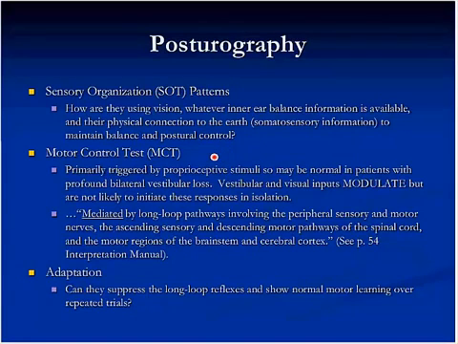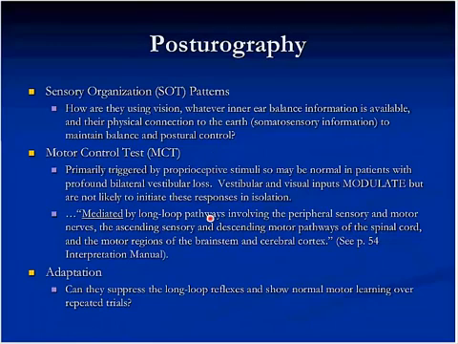So the motor control test, we're suddenly shifting the floor. And we're looking at reflexes that are primarily triggered by proprioceptive stimuli. So it might be perfectly normal in patients who have profound bilateral vestibular loss. Now, vestibular and visual inputs modulate, but are not likely to initiate these responses in isolation.